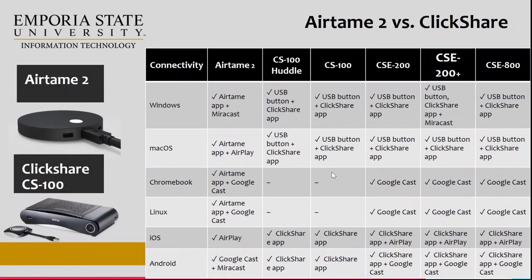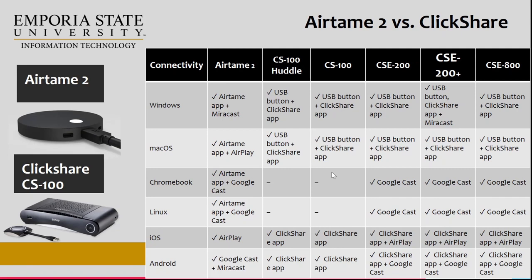The next slide here shows when we compared our Airtame 2 versus the ClickShare models as far as the connectivity across different operating systems. You'll see those operating systems we talked about earlier being Windows, Mac OS, Chromebooks, Linux, iOS, and Android. The Airtame 2 essentially has the ability to use an app that they produce, or to use built-in cast functionality of the different devices.